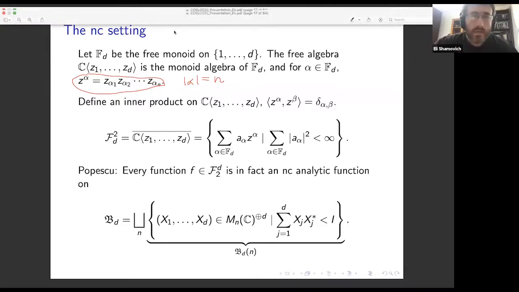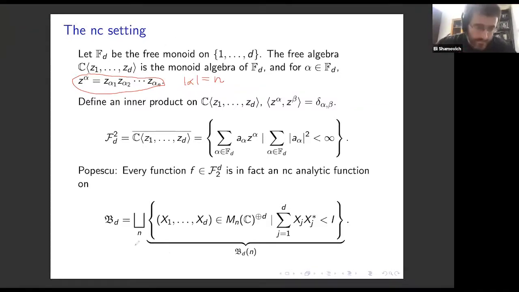Now I'm being a bit vague here on purpose, and I'll explain what. In most cases, when you talk about non-commutative functions, the n is considered to be finite.